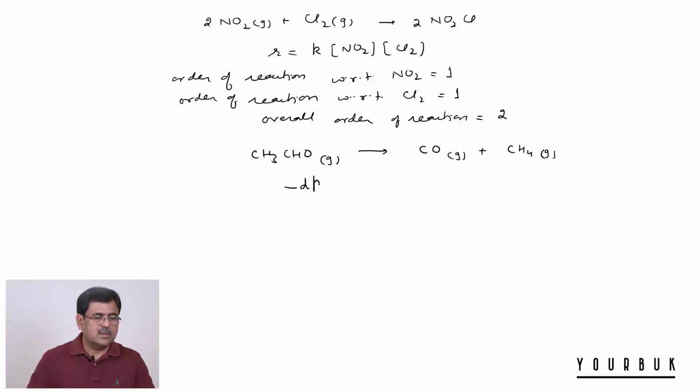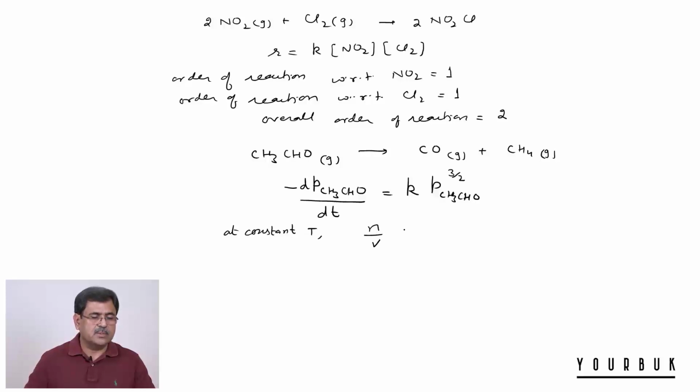So this is our instantaneous rate of reaction in terms of the decrease in pressure, and this is equal to K into pressure of CH3CHO raised to the power 3 by 2. At constant temperature, concentration and pressure are directly related.